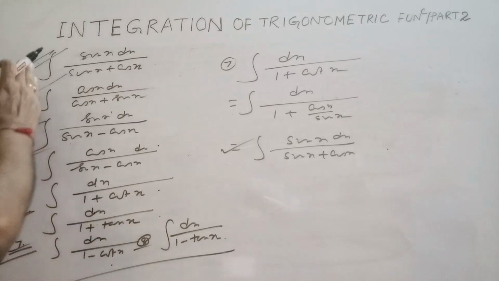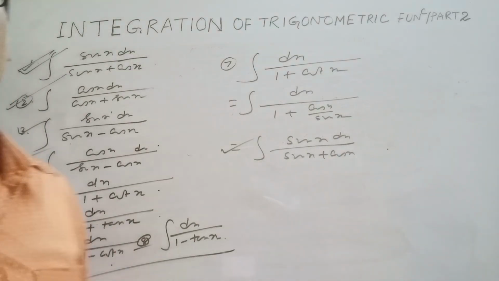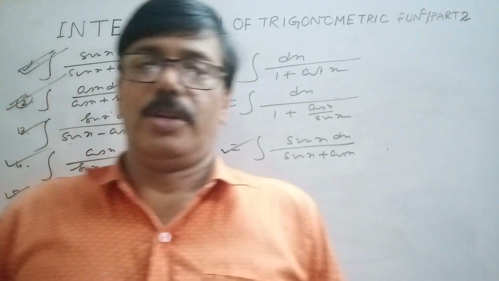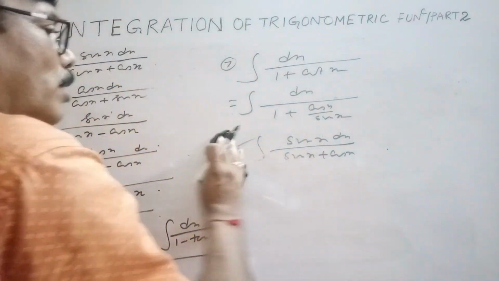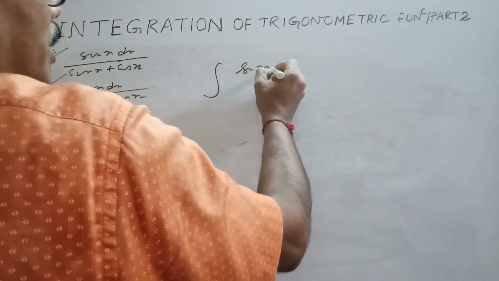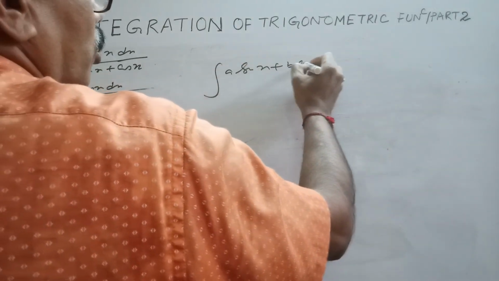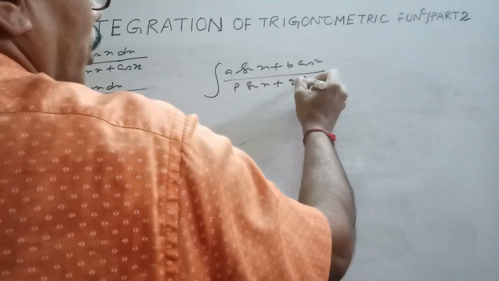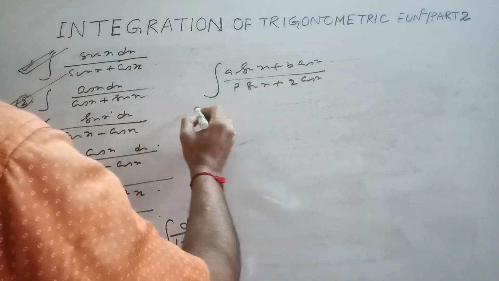So these problems are most important for the board. They are of this form: p sin x plus q cos x over a sin x plus b cos x. There is no constant here.